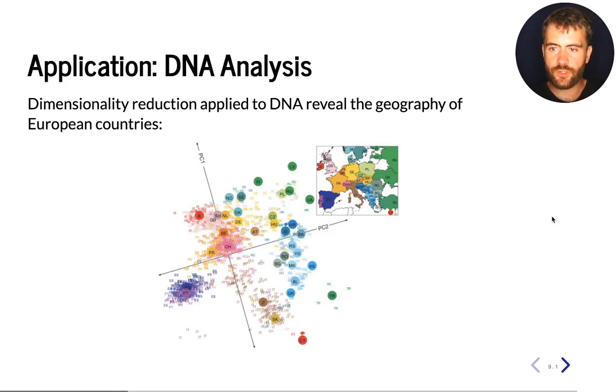Another really interesting and similar example is shown here in the context of DNA analysis. So imagine that instead of applying the earlier operation to digits, we apply it to DNA sequences.